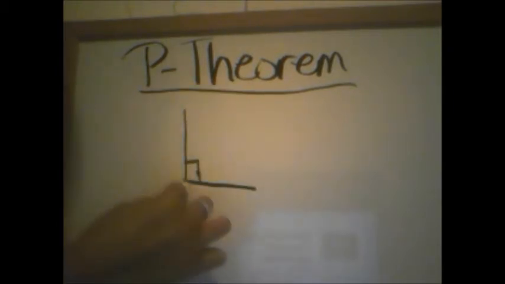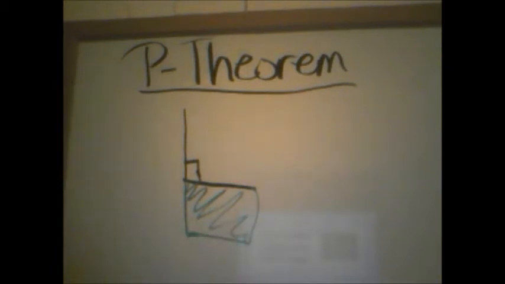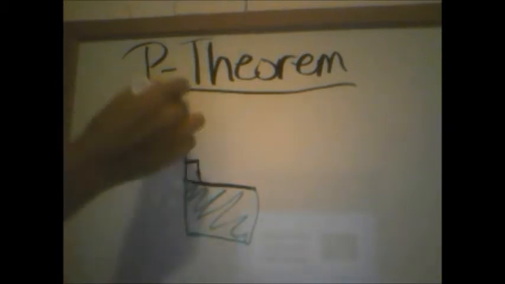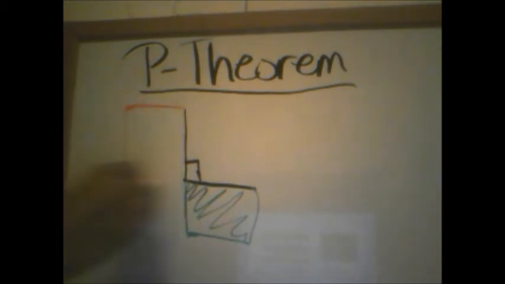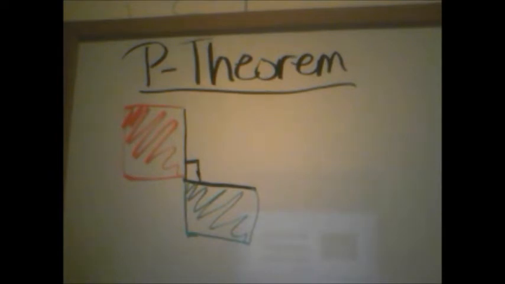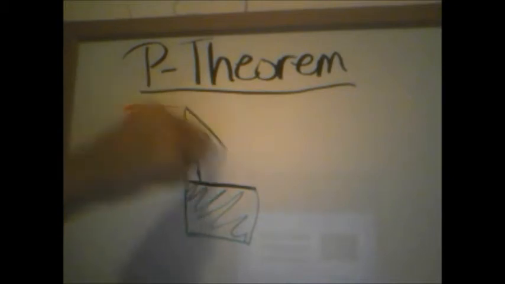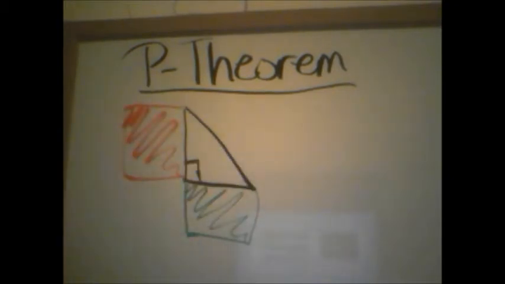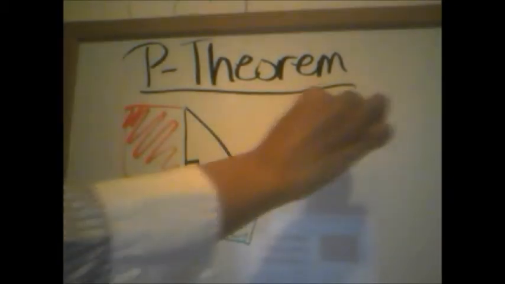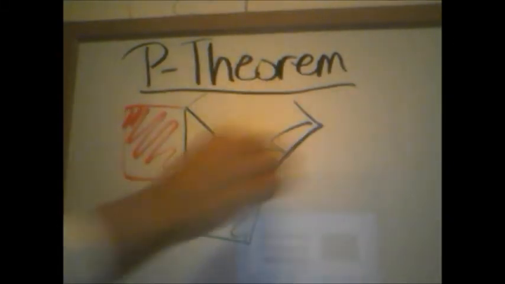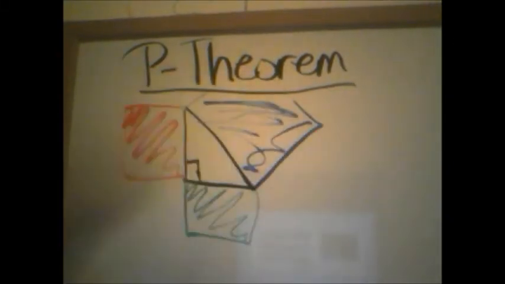But one side of a right triangle squared plus another side of a right triangle squared will equal the largest side of that right triangle squared. And that was formerly known as the Pythagorean Theorem.